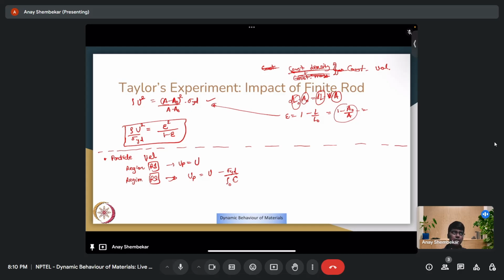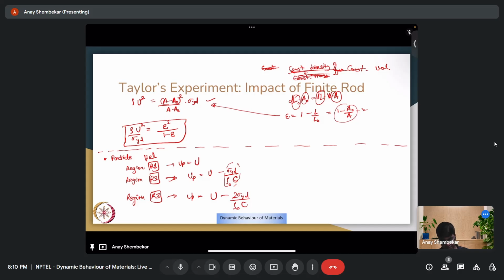We have already seen this in the second week's lectures, where we saw what happens when a longitudinal wave interacts with an interface between two materials with different sonic impedances. So this particle velocity is increased to twice that, which gives us, for region 3, a particle velocity of u minus sigma yd by rho naught c. So three different regions have three different particle velocities.